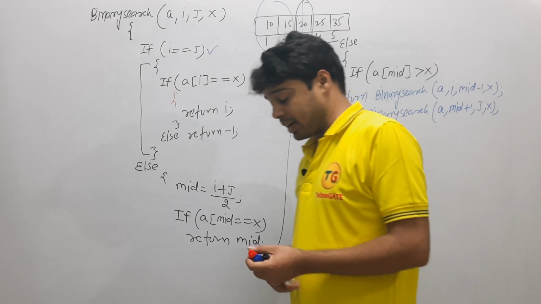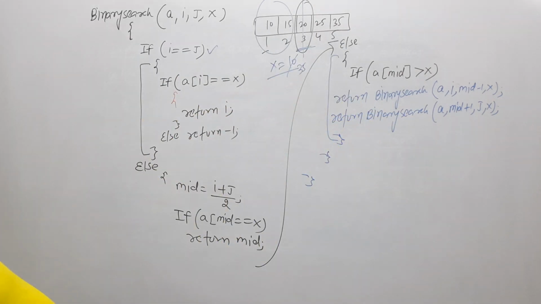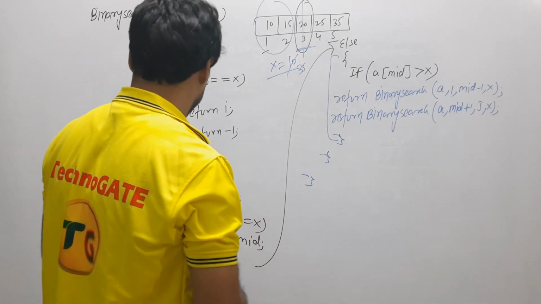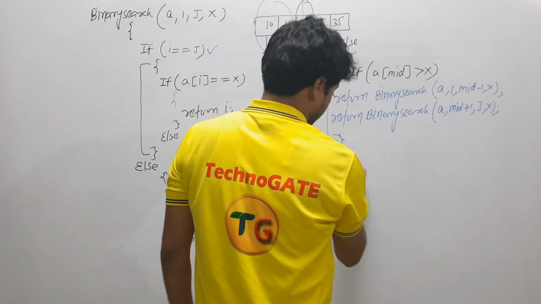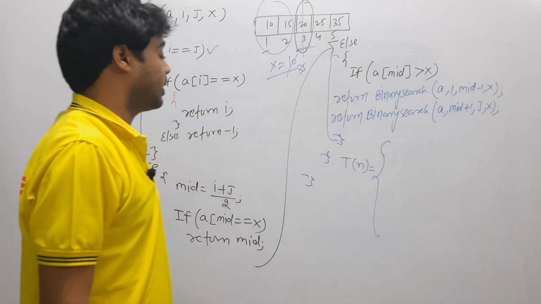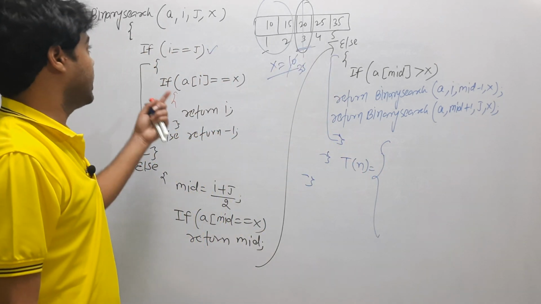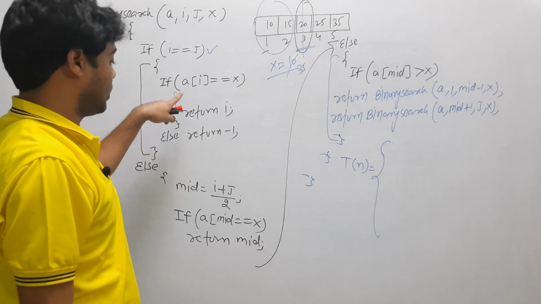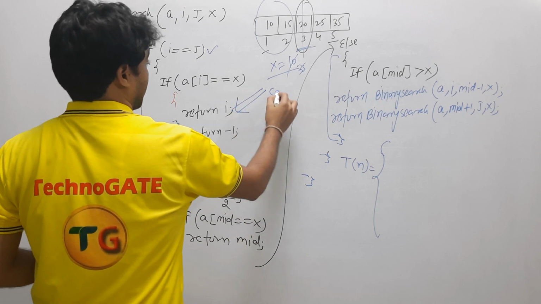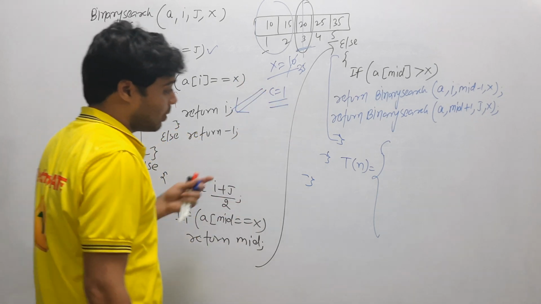So let's take what is the time complexity for binary search. Let T(n) be the time complexity for binary search. If there is only one element, only one comparison is there, which means constant time.